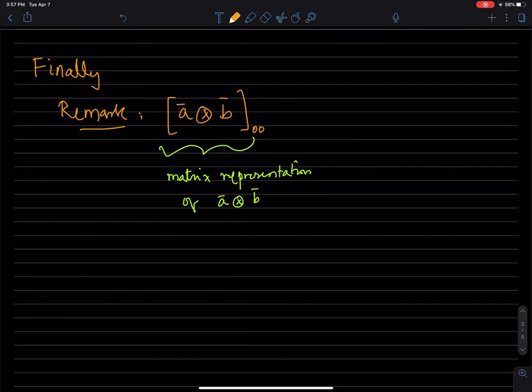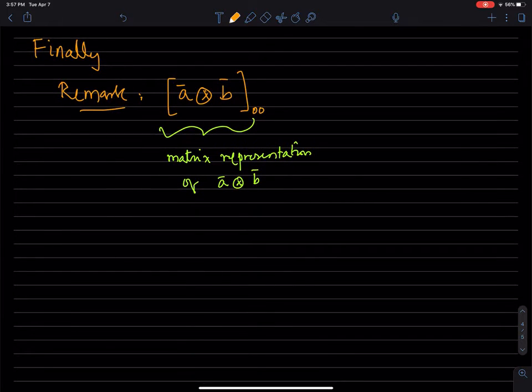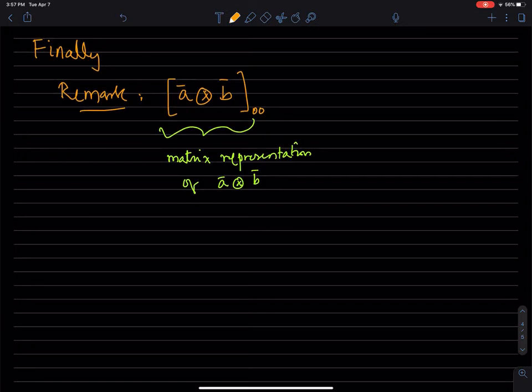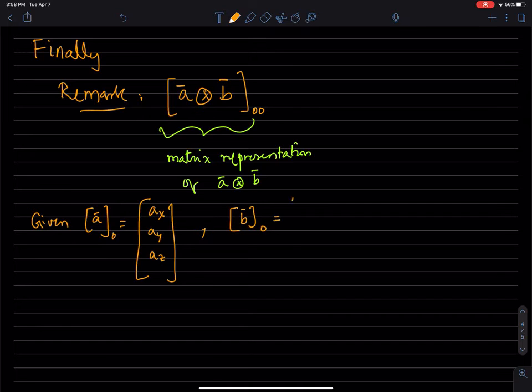And then we have essentially, let's say the matrix representation of A is Ax, Ay, Az, and the matrix representation of B is this.